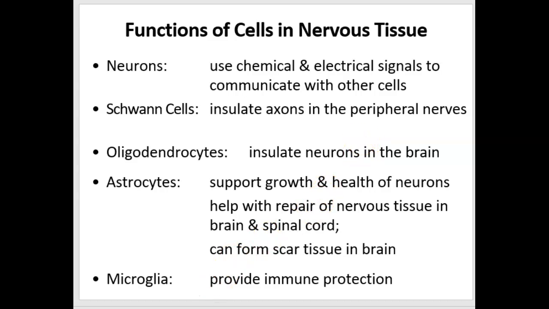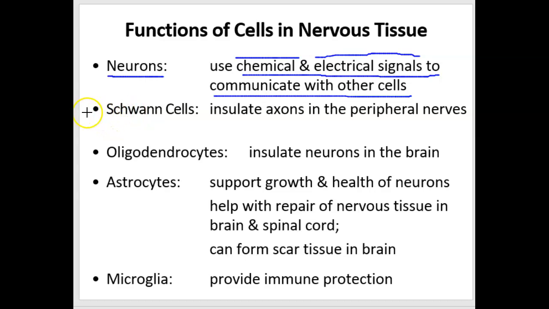So the functions of these different cell types, I've alluded to with the neurons already, include the use of chemical and electrical signals to communicate with other cells. That's what neurons do. They use electrical signals, but also neurotransmitters, which are chemicals, to help control a target cell. Schwann cells and oligodendrocytes have a similar function.